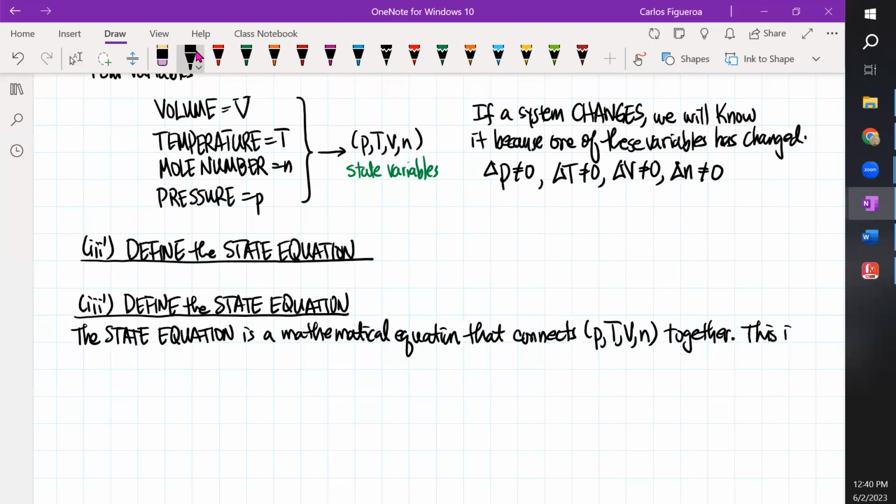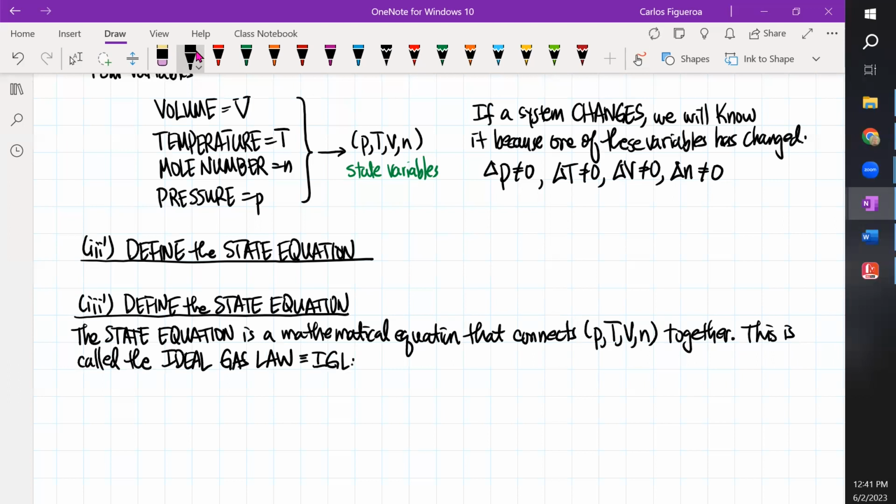This is called the ideal gas law. And because we're going to use this phrase a fair amount, I'm going to use the acronym IGL.